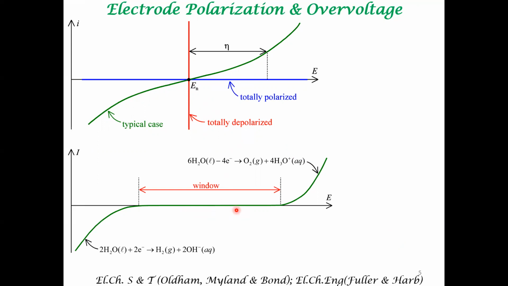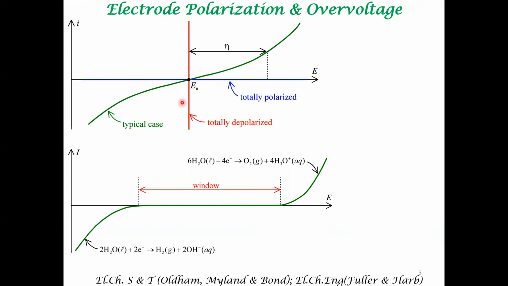So first, let's understand what is being plotted. Here, in both the graphs, on the x-axis we are plotting the electrode potential. On the y-axis, we are plotting the current that is transferred across the electrode-electrolyte interface.